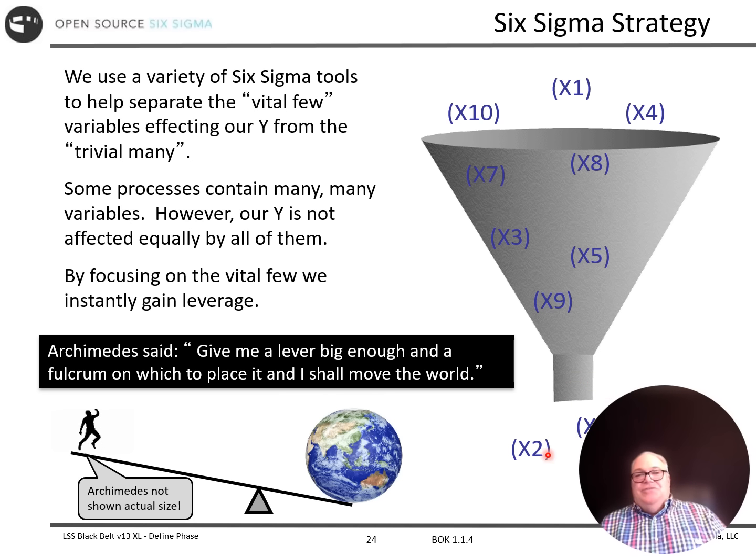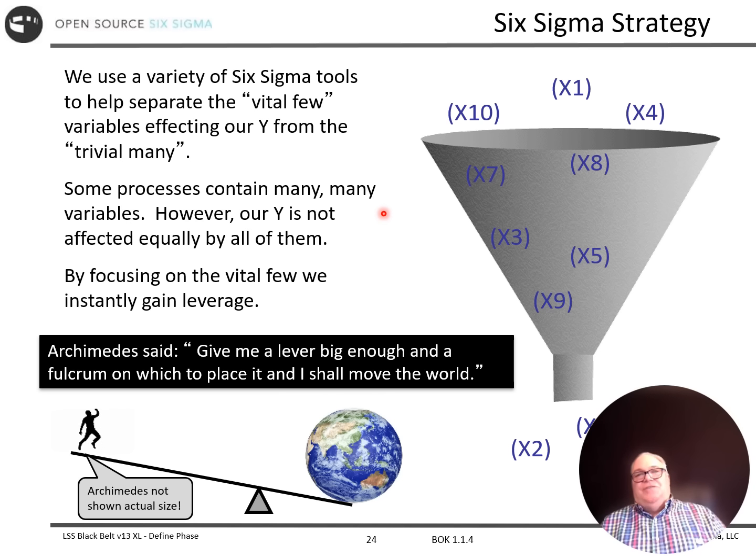What we'll find in the end is there's really just a couple that we can really demonstrate have this mathematical relationship, this y is a function of x, and we can leverage that, as we're showing over here. Well, if I only have two things to control, wow, that's a lot simpler to think about devising solutions, moving into the control phase to put controls on those. If I've only got a few things, versus trying to do it for everything.